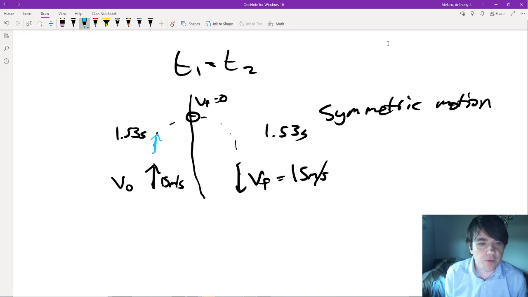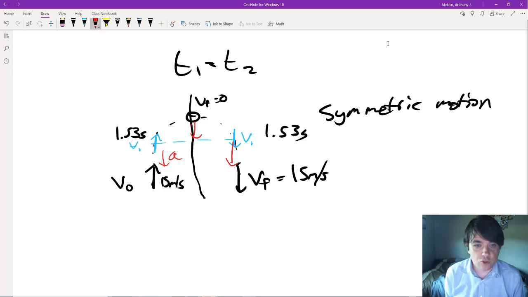So if we were to come up with another velocity here on the way back down, this one would also be v1. And so our velocities going up will be the same magnitude as the velocities going back down. Okay, I hope that's extremely clear. I know this problem is sort of long and involved, but I hope you understand that. And of course, our acceleration the whole time will always be g.